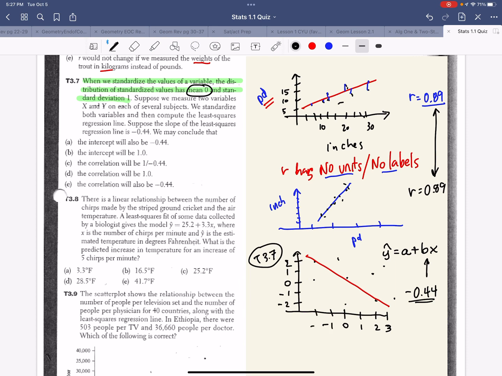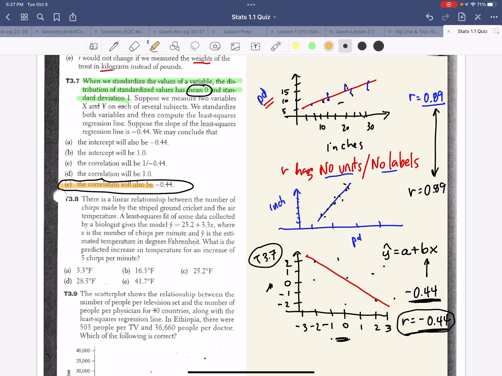In a weird way, that is exactly what R would be, and that's why I accidentally wrote that down. In a weird way, that would be the slope of the line, so that is exactly what R is if we standardized both of the variables, meaning eliminated both of the units. That in fact would be our correlation, although we don't think of correlation in that way.